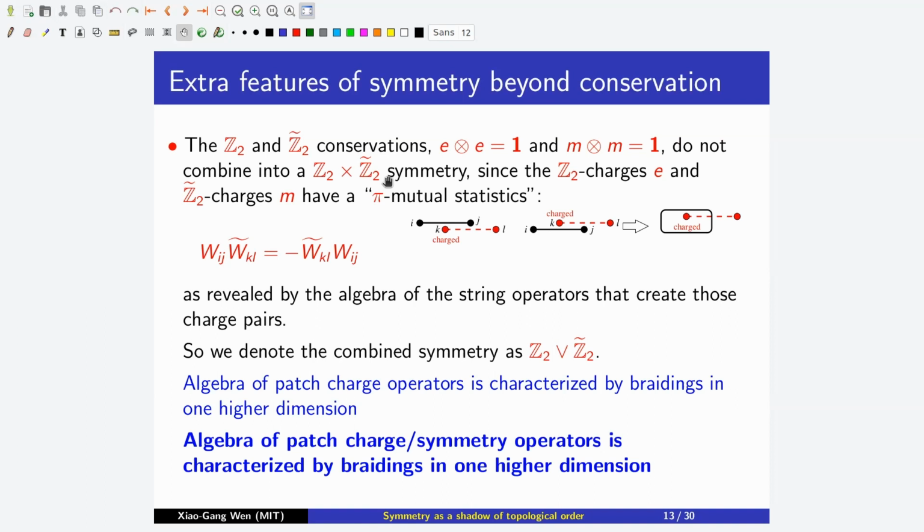The boundary does not act within the low-energy subspace. So you have to modify the boundary to make sure this patch Z2 symmetry and the patch Z2 dual symmetry both act within the subspace. When they act within the low-energy subspace, they really look like a Z2 and dual Z2. But above this low-energy space, they are independent. They are both on-site operators.